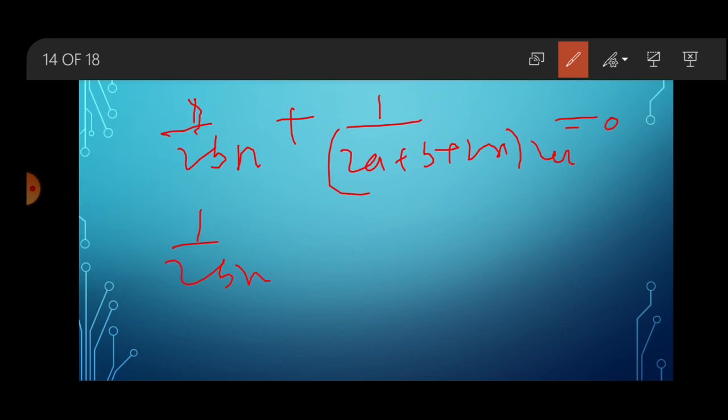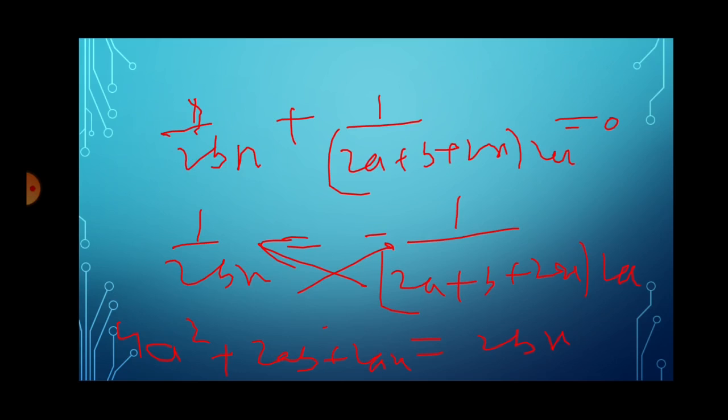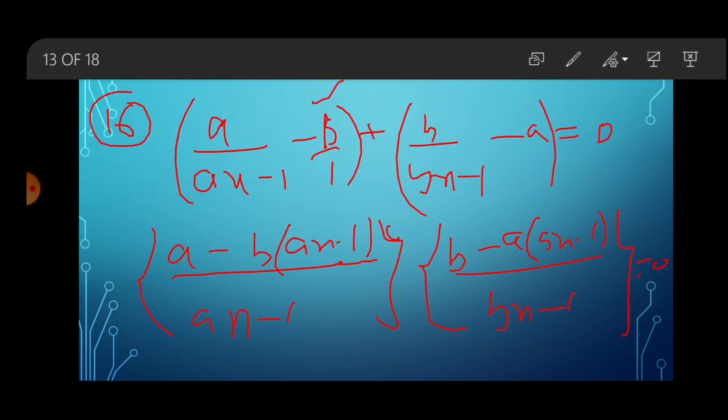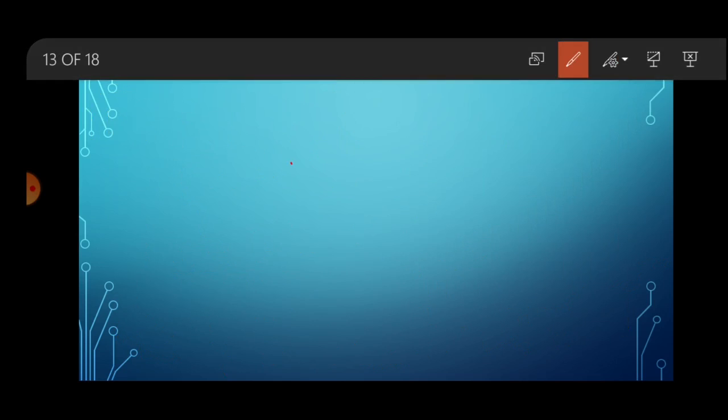Now 1 upon 2bx is equal to minus 1 upon (2a plus b plus 2x) into 2a. Now if we cross multiply, you can see that this term will appear here. So 2a multiplied will give 4a squared plus 2ab, and plus 2ax, and this will be 2bx. Now taking this term, 2ax, to the opposite side.